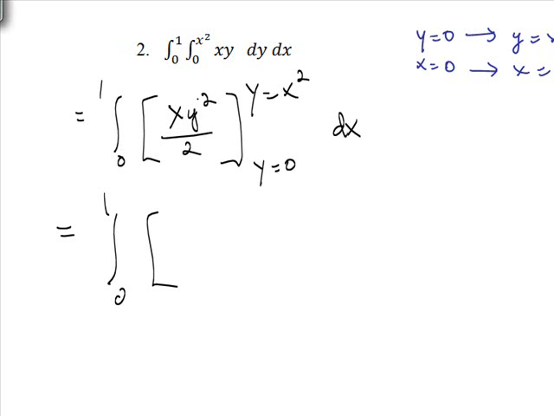What do we have here? So x squared squared, that's x to the 4th, times x. That's x to the 5th over 2. Well, y equals 0 is nothing. So I really did not need those square brackets. dx. Any questions so far?